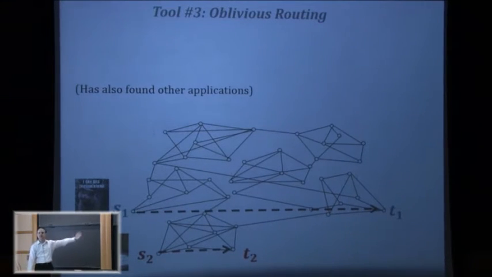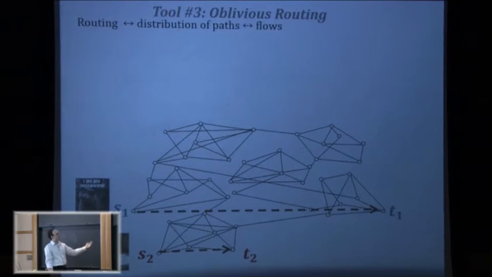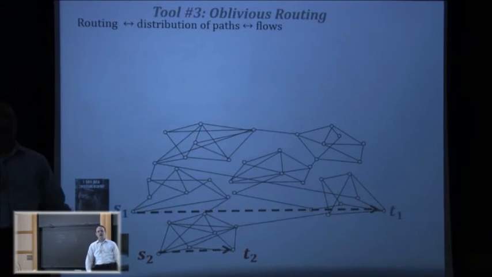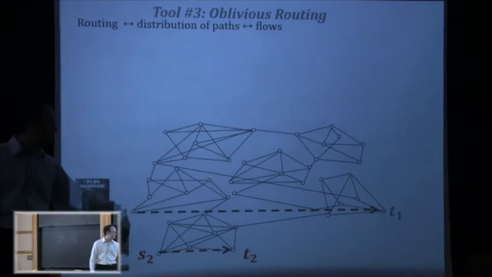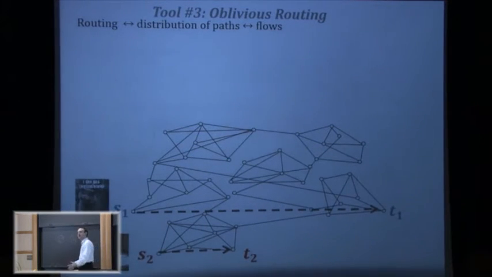And the goal is going to be to do so efficiently. But as a general routing thing, what is a routing? I want to send traffic from S1 to T1, and a routing is just you pick a distribution over paths. So we're going to think of it as probabilistic. Every packet is going to follow a probabilistic route, which you could think of as a probability distribution over paths, which thus is a flow.